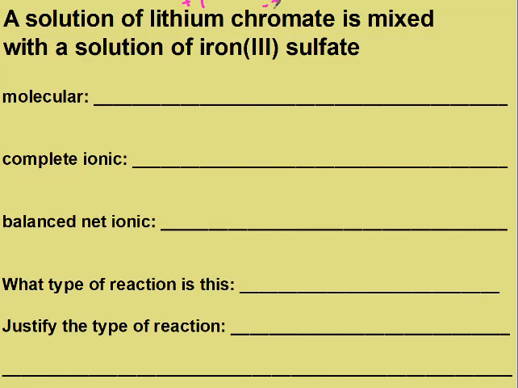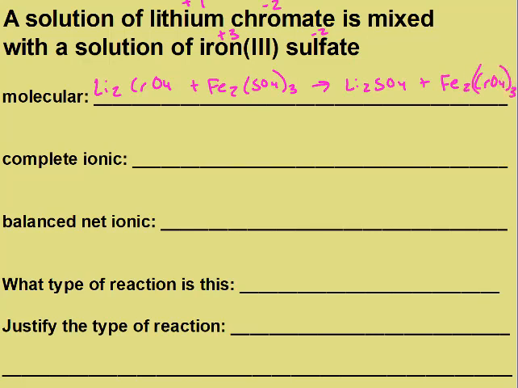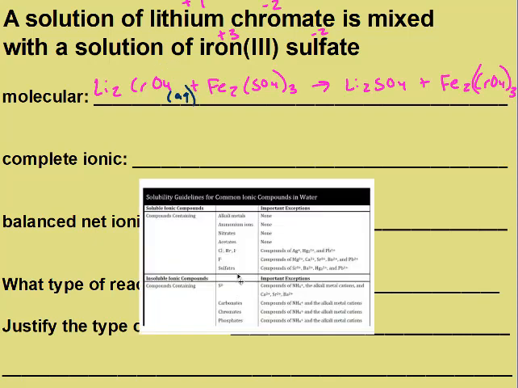Lithium is a +1, chromate a -2, iron's a +3, and sulfate's a -2. So we get those products. Lithium chromate is a solution. It's aqueous. We also know that from our solubility rules. Alkali metals are always soluble.